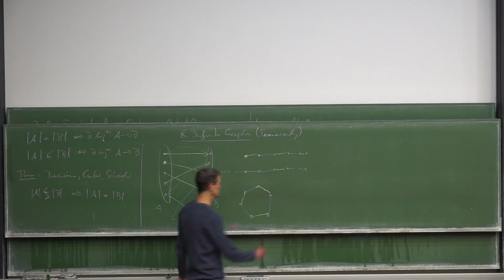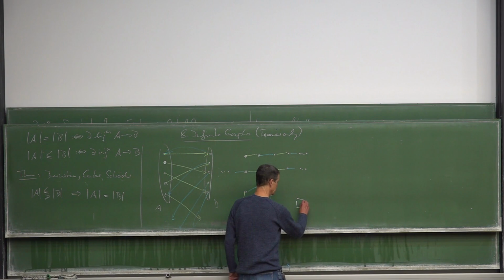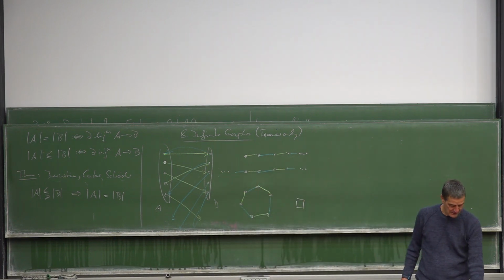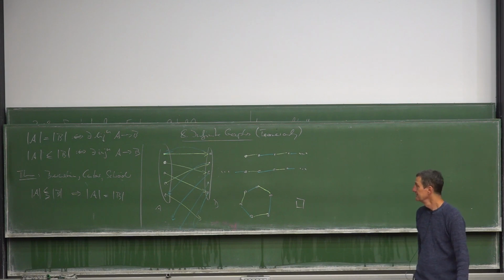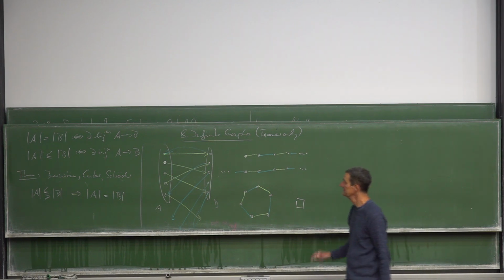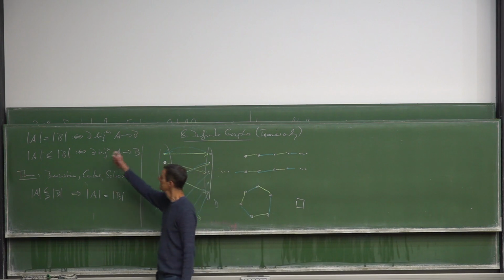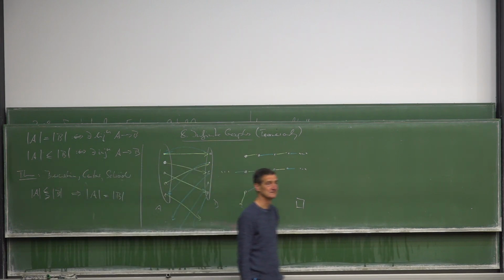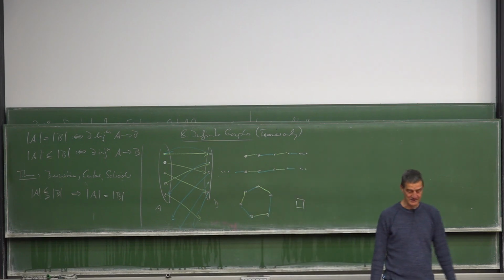So, done. That's the neat little proof of the Cantor-Schröder-Bernstein theorem. Essentially, that this is a partial ordering. Okay, questions?